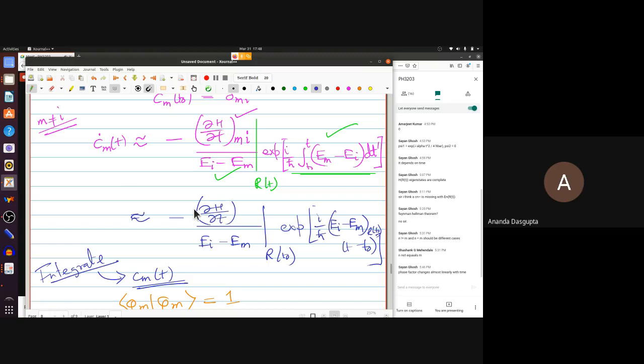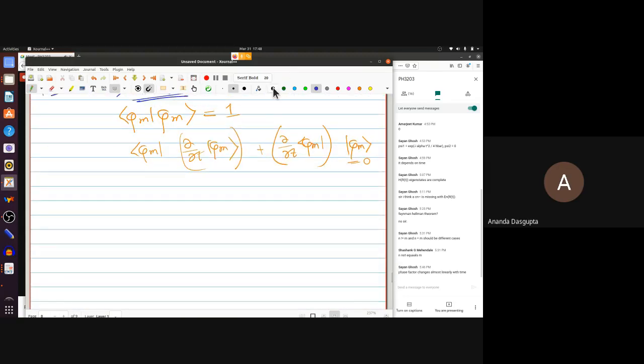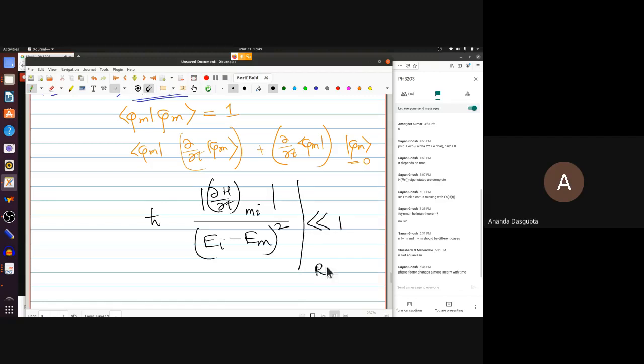Once you integrate this and find an explicit expression, from that try to argue that the adiabatic theorem will work as long as a particular condition is obeyed. And the condition, let me just write it down, which is what you would have to prove. The condition for the adiabatic theorem to work is this, evaluated at the initial time t0, is much less than 1.